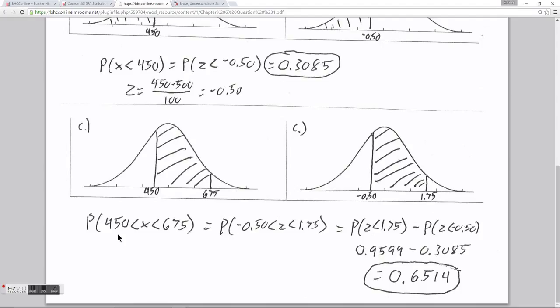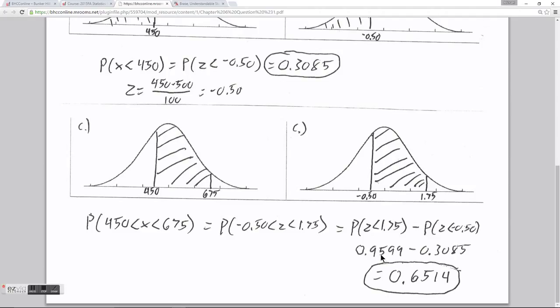We already did those conversions from x values to z values in part A and B. It's a little bit tricky to find the area between two z values when my table only lists areas to the left of z-values. So what I'm going to do is take the larger z-value, 1.75, and find the area to the left of that z-value. That's actually something we did in part A.